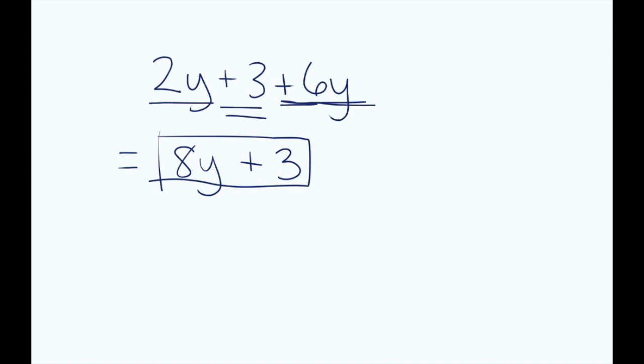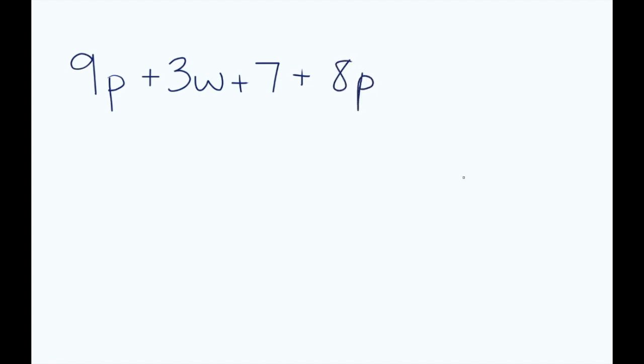Let's give another one a try. Let's do 9p plus 3w plus 7 plus 8p. Go ahead and underline the like terms here for yourself. I'm going to underline 9p and plus 8p because that tells me what to do with it.